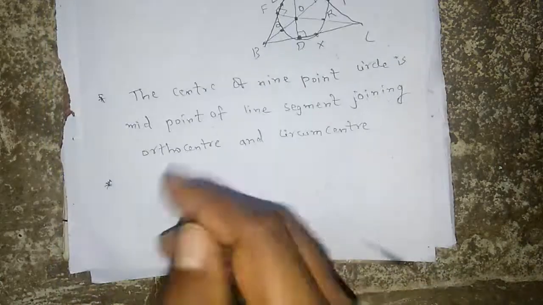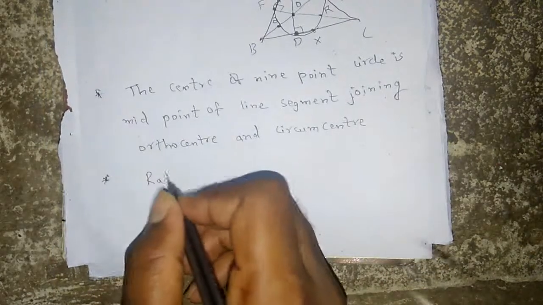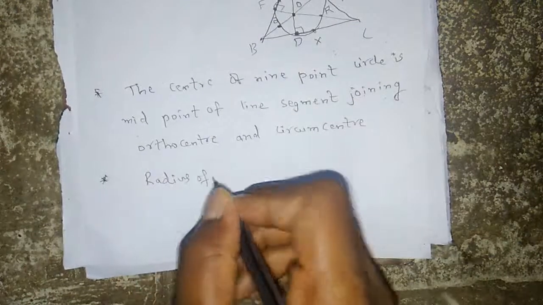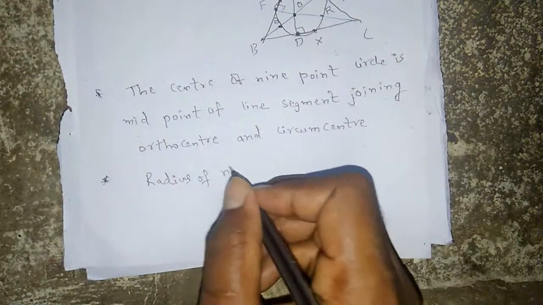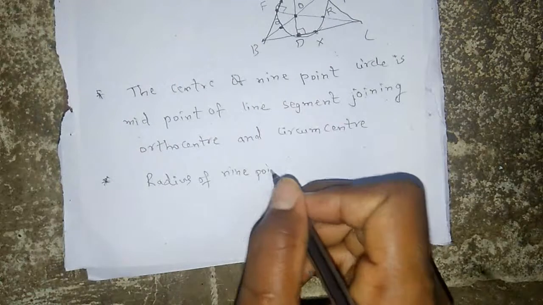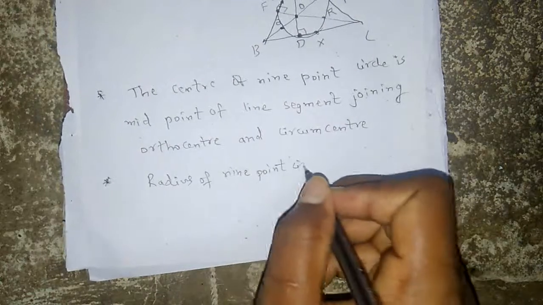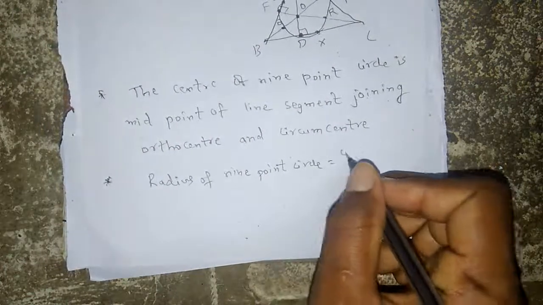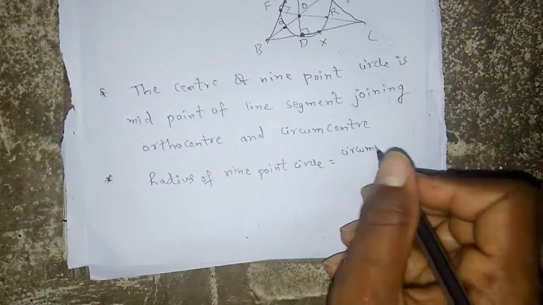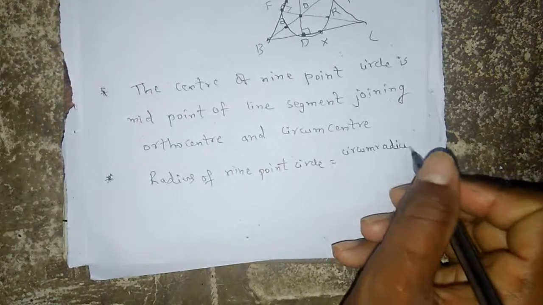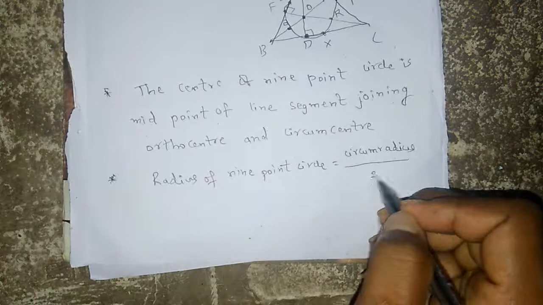Radius of the nine-point circle is equal to circumradius by 2.